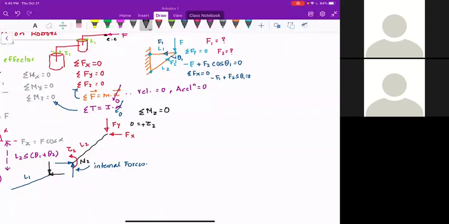So tau 2 plus Fx L2 cosine theta 1 plus theta 2, and minus Fy L2 sine theta 1 plus theta 2.